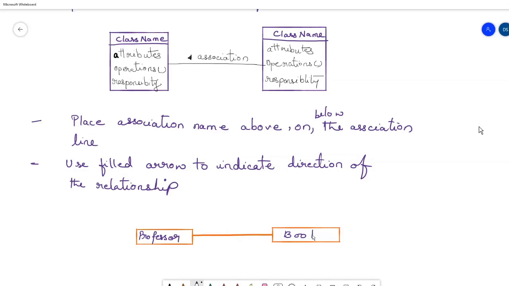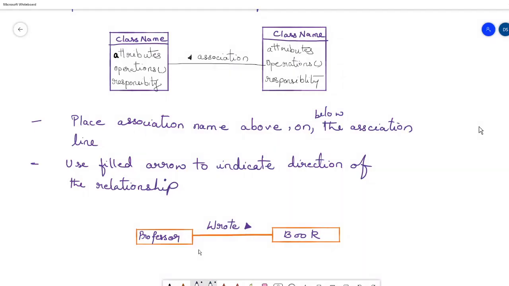Now, what is the static relation between them? If I have to show the association, we can say that a professor has written this book. So the association would be written, and the direction would be like this, a filled arrow directing towards the book. Now I have written it above the line, I can write it on the line, and I can write it below the line also. That would be correct, no problem.